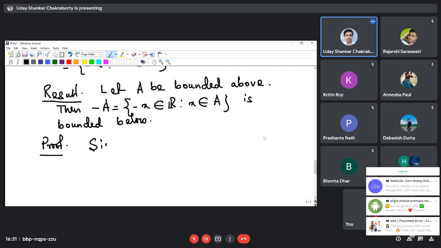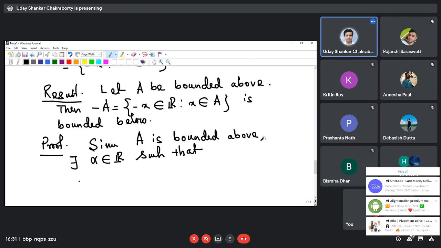Since A is bounded above, there exists a real number alpha such that something should happen. What?